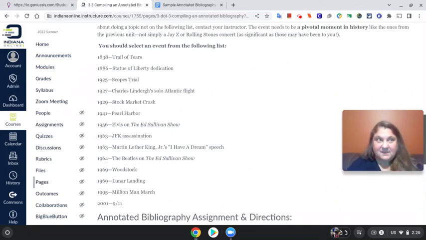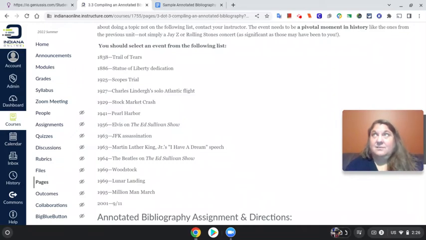So the purpose of the annotated bibliography is to read some sources about one of these topics that you choose to educate yourself about what that event was like, so you can include some realistic details in your narrative for the eyewitness to history narrative that you have to write, which is kind of like a short story, okay?